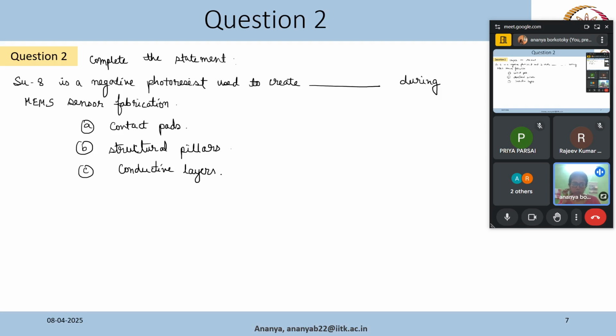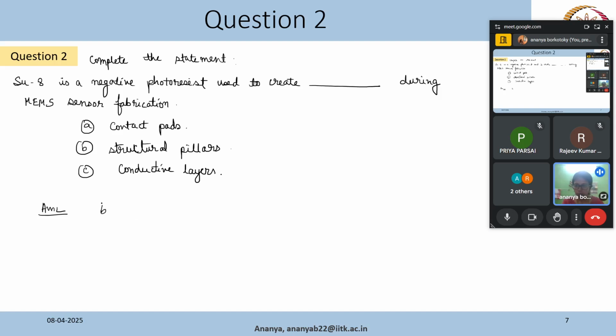So what is the answer? Again, I will wait for some time so that you can tell me the answer. It is structural pillar. It's B. Structural pillar, B. Okay. So it's a negative photoresist, and SU8 is used as a structural pillar, not for contact pads. So the correct answer is B. Contact pads, in the example that we have discussed, are made using chrome gold, right?